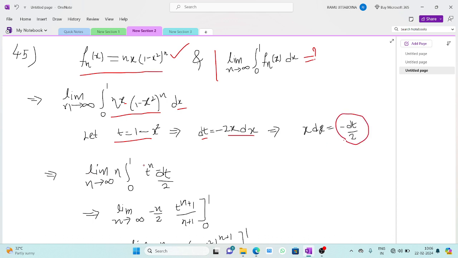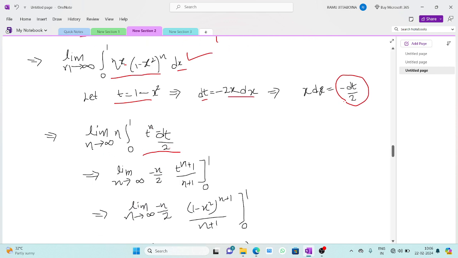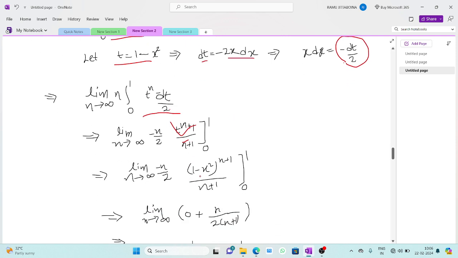I substituted those values into this equation, and I get t^n into minus dt by 2. If I integrate simply, I get t^(n+1) over (n+1). Here I am not changing the limits, because I will substitute the values of t later. So I substitute t equal to 1 minus x squared, to the power n plus 1 divided by n plus 1, with limits 0 to 1.